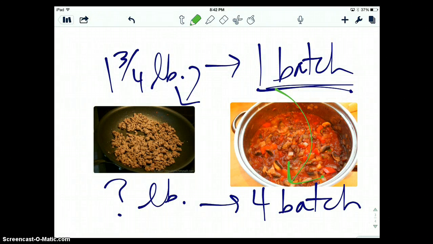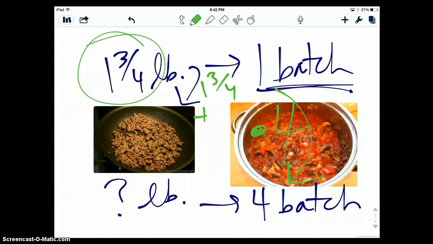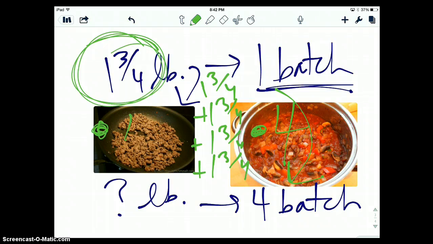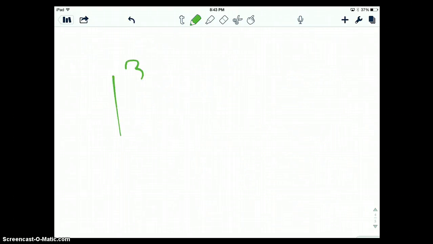Well, I multiply 1 by 4. So what am I going to need to do with 1 3/4? I'm either going to need to add it 4 times, 1 3/4 plus 1 3/4 plus 1 3/4 plus 1 3/4, or I could just take 1 3/4 times what number? 4.